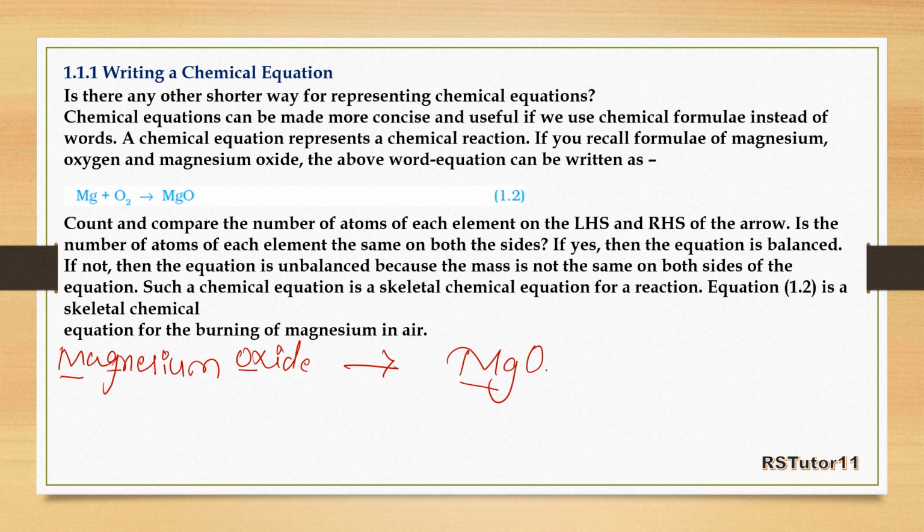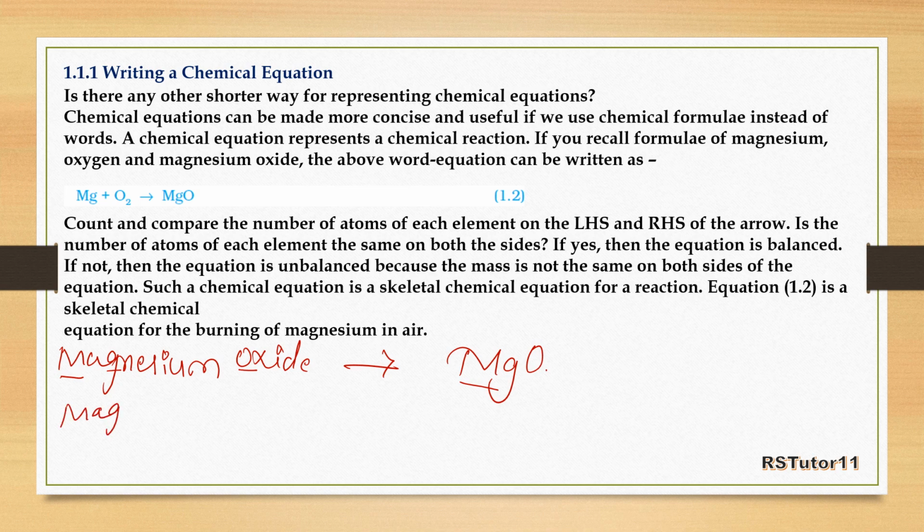Chemical equations can be made more concise and useful if we use chemical formulas instead of words. So these are the chemical formulas. The chemical equation represents a chemical reaction. If you recall the formulas of magnesium, oxygen and magnesium oxide, the above word equation can be written as Mg plus O2 gives MgO, that is magnesium oxide.